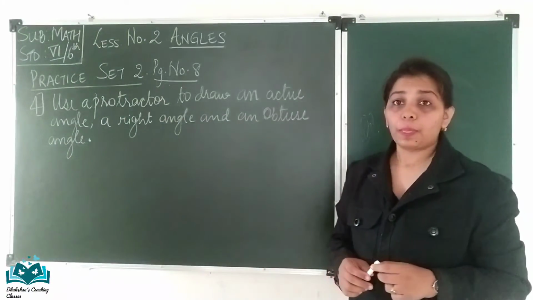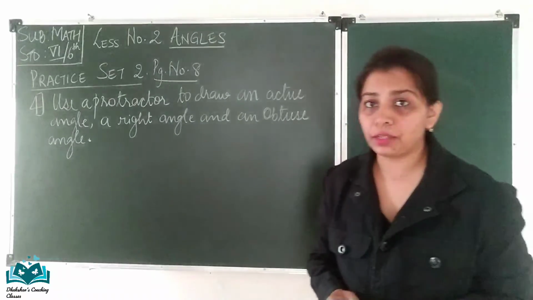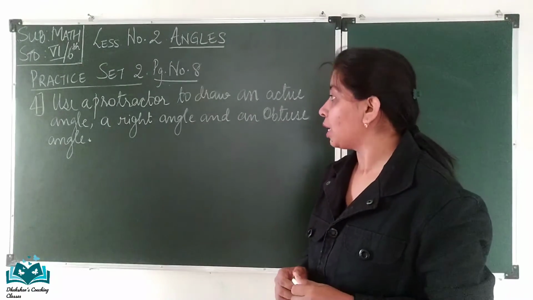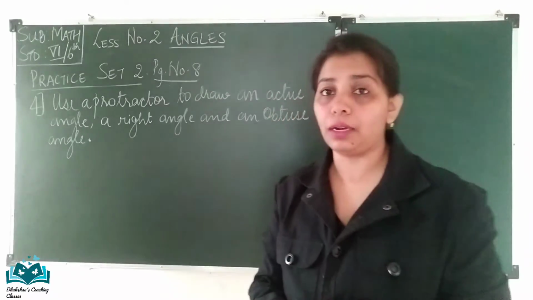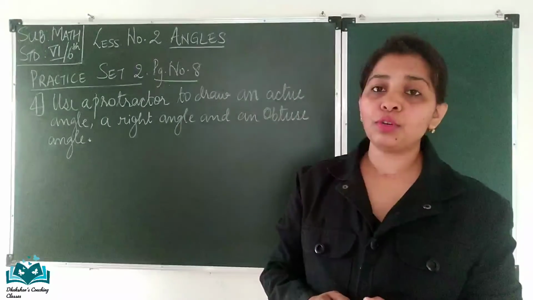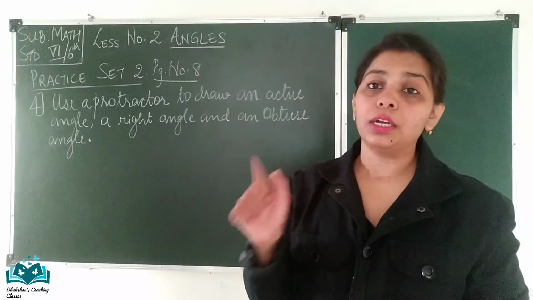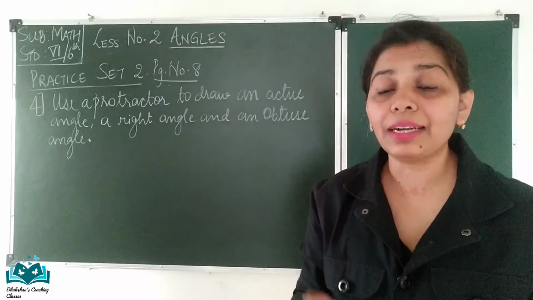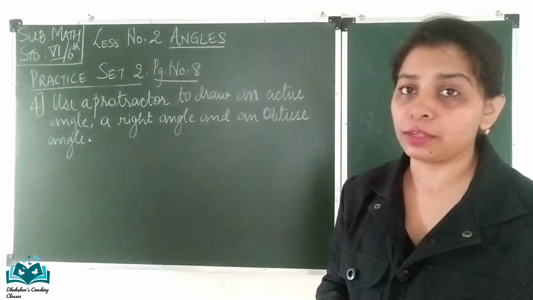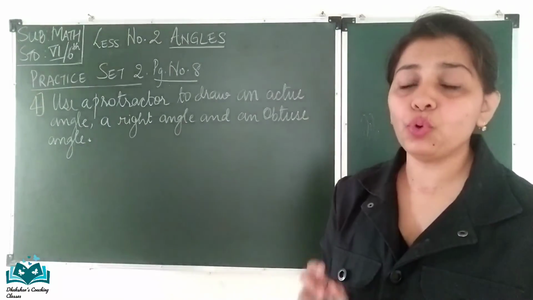The question says, use a protractor to draw an acute angle, a right angle and an obtuse angle. Now in your geometry box you have a D-shaped instrument that is called your protractor. I will show you how it looks.